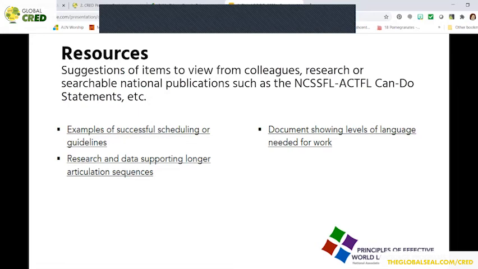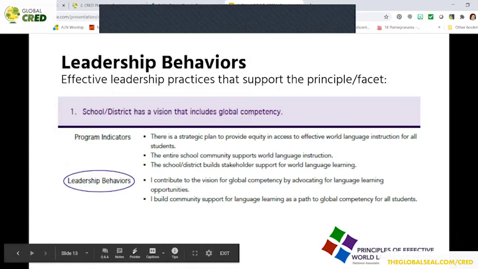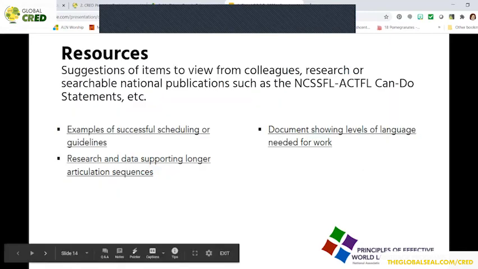So in this case, if I were to go back, we were talking about having a vision for language instruction for all students and supporting language instruction and articulated sequences and so on.